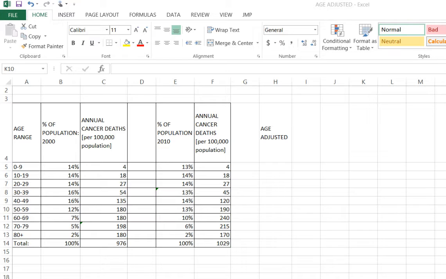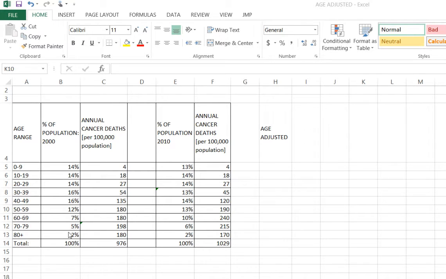And basically what we have here is cancer death rates from 2000 and from 2010 broken down by these different age groups. So you can see 0 through 9, 10 through 19, 20 through 29, etc. And then the number of cancer deaths corresponding with each of those age groups.